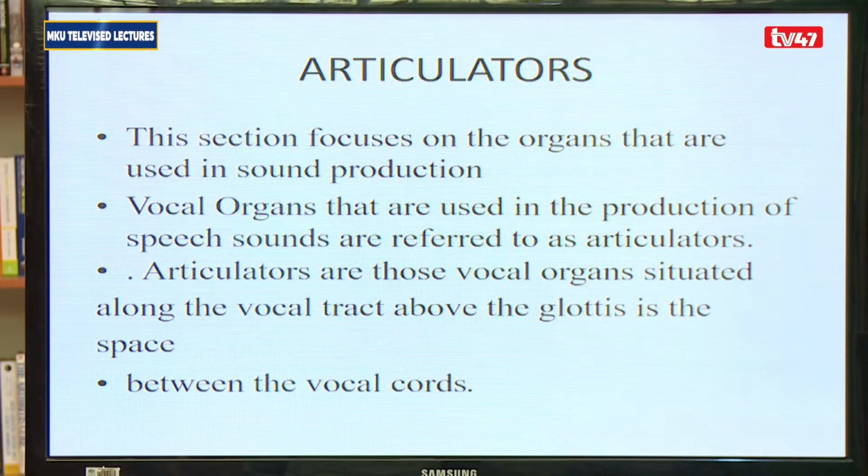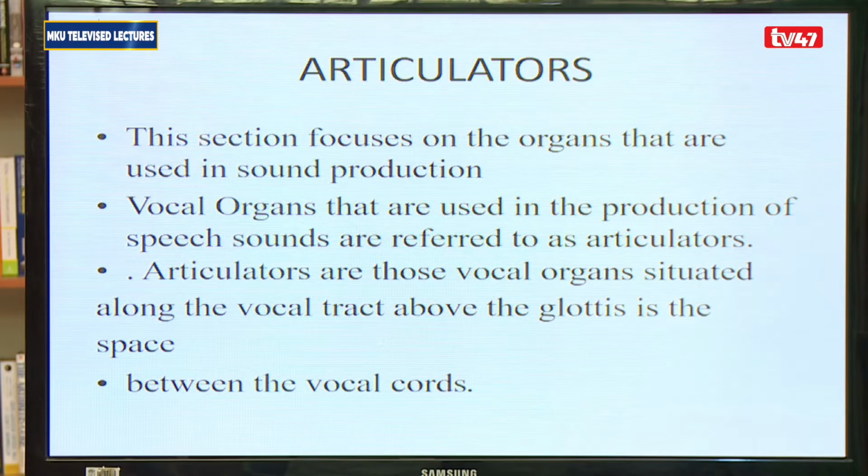Now, we shall look at articulators. In this section, we shall focus on the organs that are used in sound production. The vocal organs which we use in the production of speech sounds are called articulators.